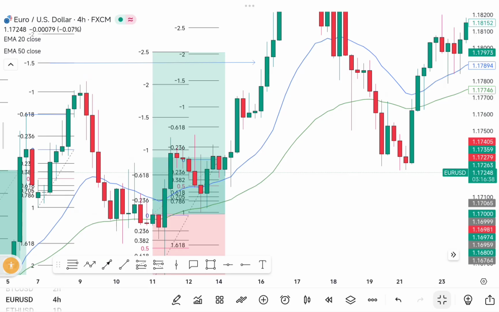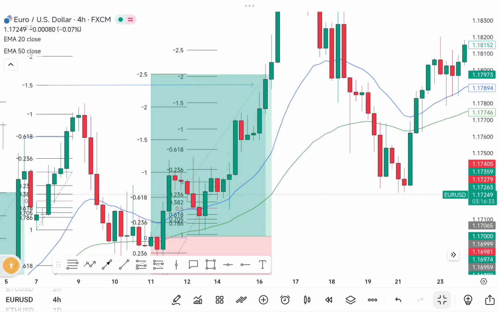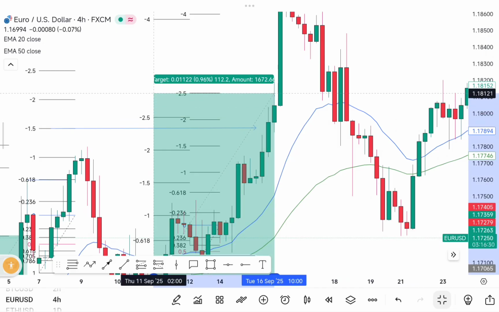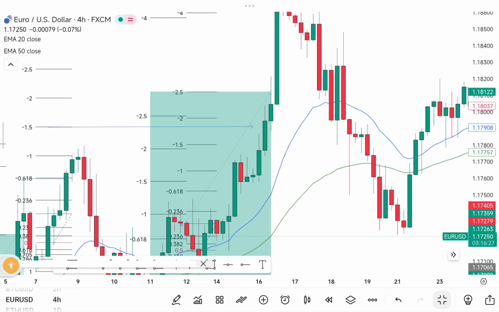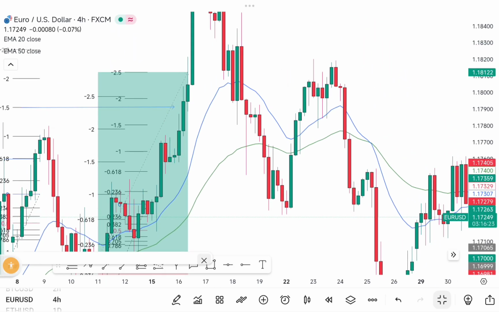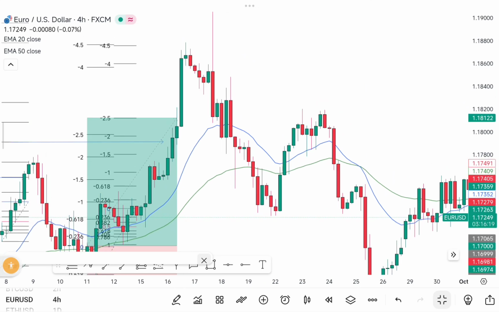So this gives us a risk-reward ratio of 2.3. Guys, this strategy works for me all the time. So it saves me from the stress of any type of ICT diagram or whatever.